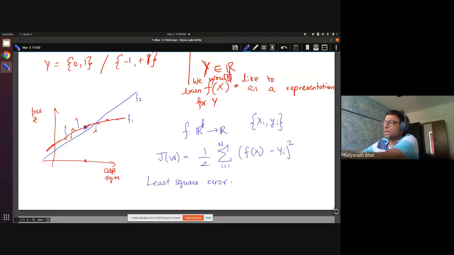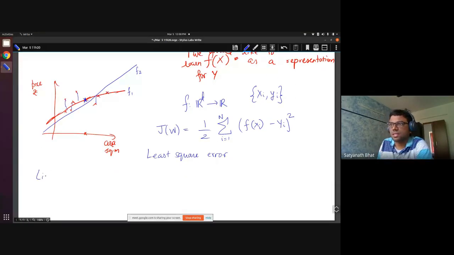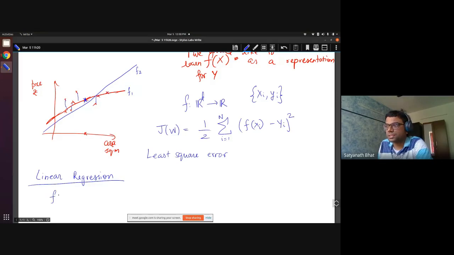Since we are discussing linear models, one thing is clear: we are trying to learn linear models. So let us do linear regression first. In linear regression, f of x will be given by the sum over j equal to 1 to d, as we have already seen in the perceptron, of wj xj plus w naught.